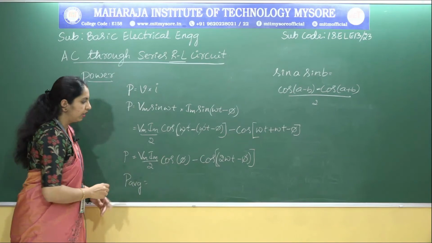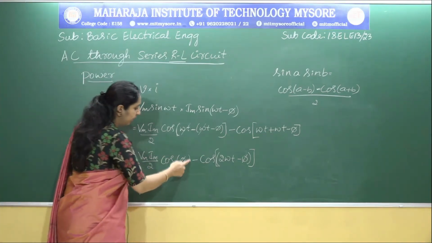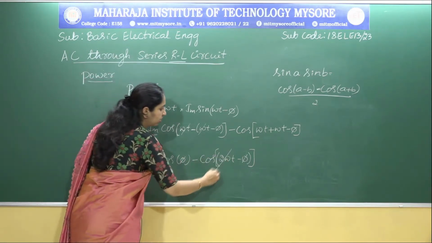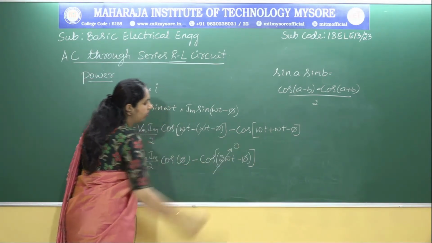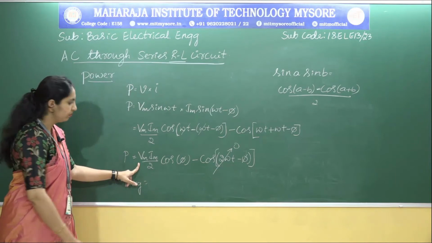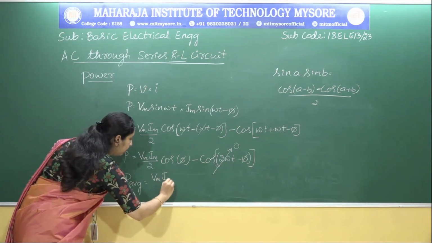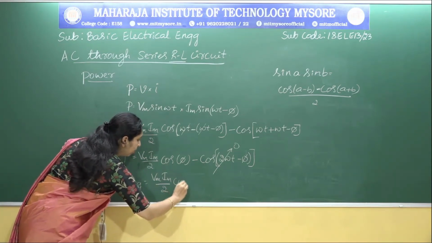When we integrate, the second term becomes 0. So finally P average can be written as Vm Im by 2 cos phi.